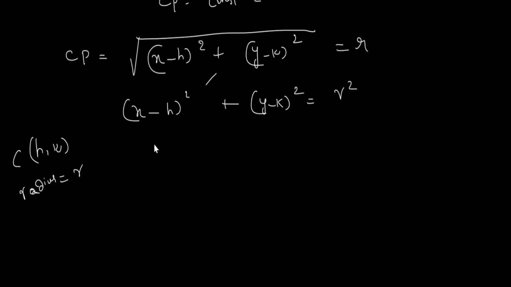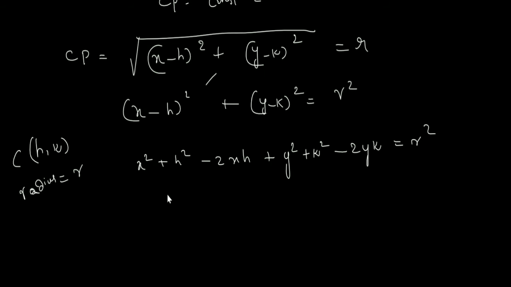Let us expand this. When you expand, you will get x square plus h square minus 2xh plus y square plus k square minus 2yk is equal to R square.